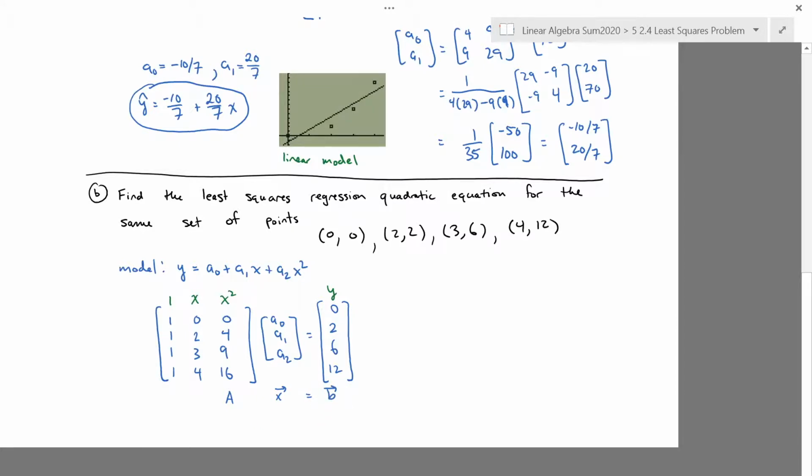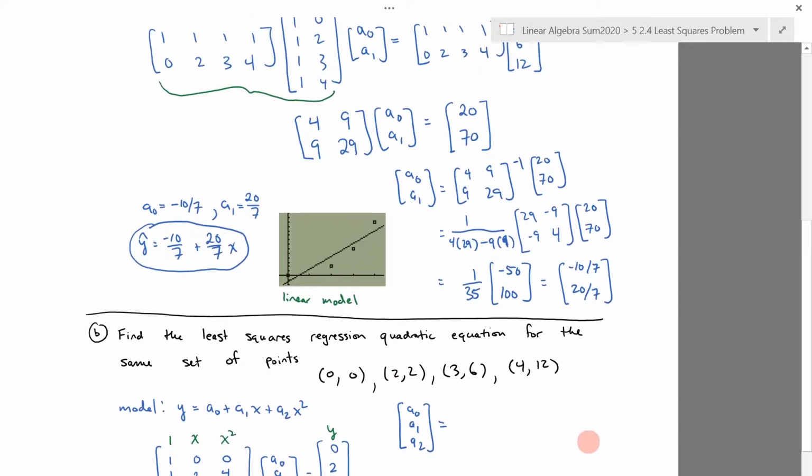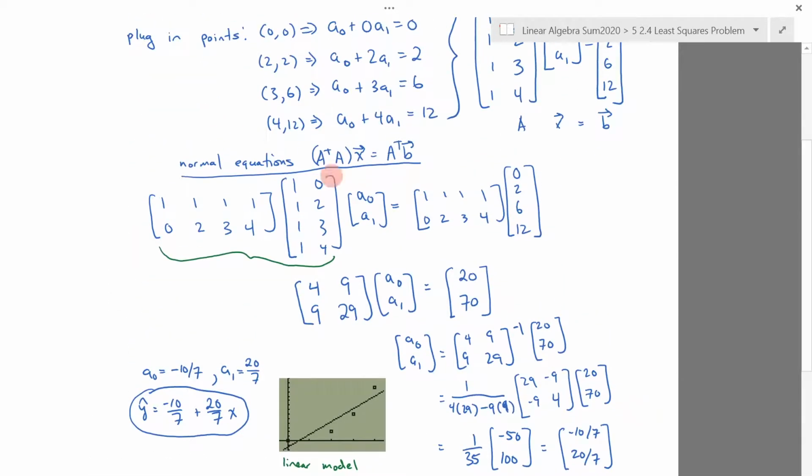I don't have a lot of space here, so let me streamline the process further. I want to figure out A0, A1, A2. So how do I calculate this? You multiply both sides on the left by A transpose.